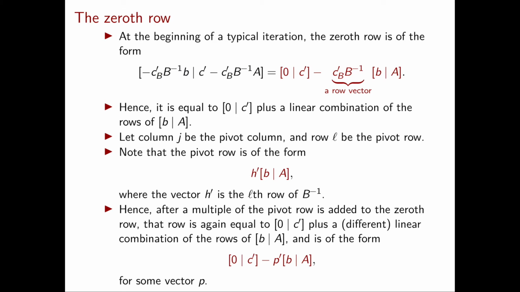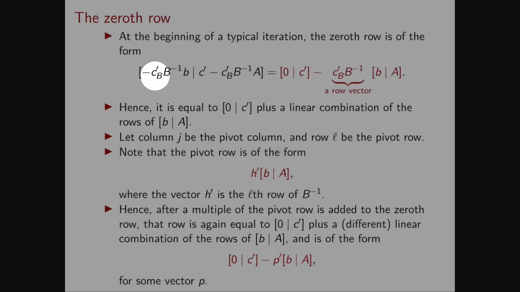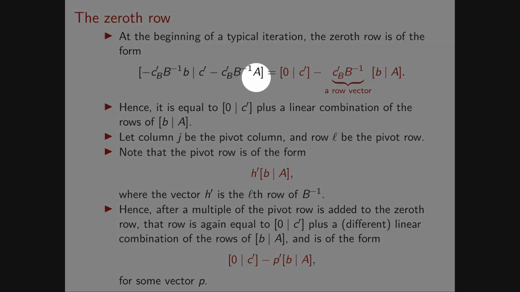Let's start by looking at the 0th row at the beginning of our typical iteration. The entry in the 0th column is the negative of the current cost, which is minus CB transpose B inverse b. The remaining components are the reduced costs, which are C transpose minus CB transpose B inverse A. So this is my row vector representing the 0th row.